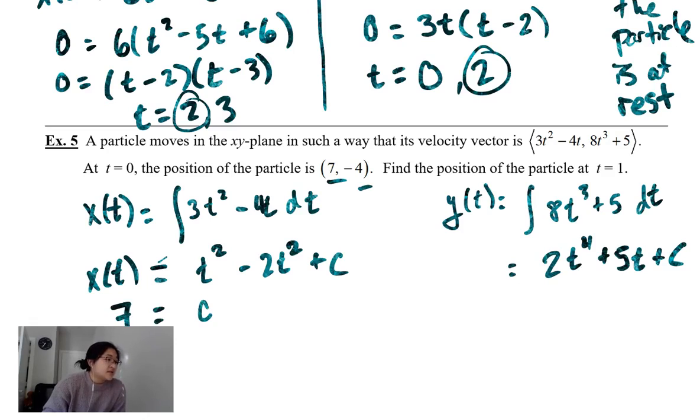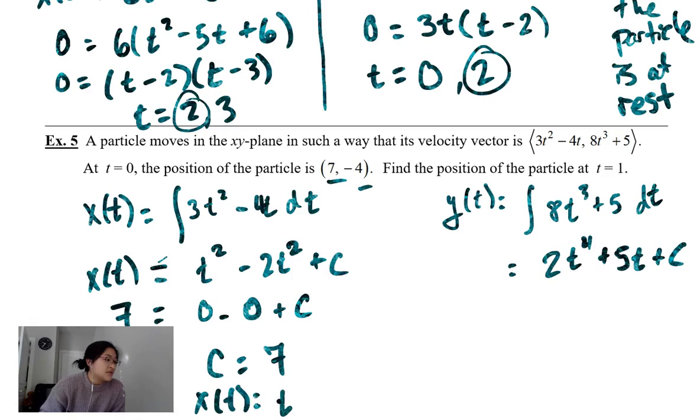So that's 0 minus 2 times 0 plus c. So that means that c equals 7 here. So then our position x of t is t cubed minus 2t squared plus 7.